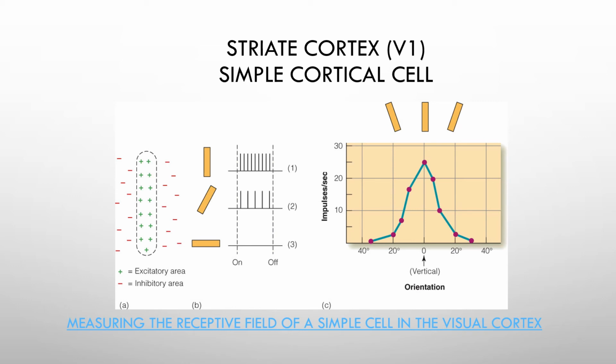Once I get off of that vertical 0 point to any kind of oblique, if you imagine how that starts to cross some of that inhibitory space, but if it's not too far oblique off of vertical, it's still hitting a lot of the excitatory space. I, as the simple cortical cell, am still going to respond, just not as strongly.